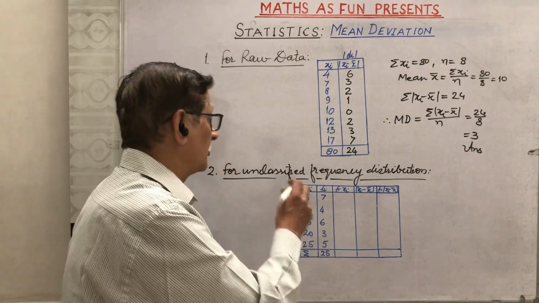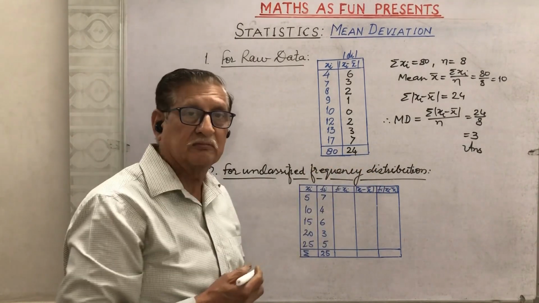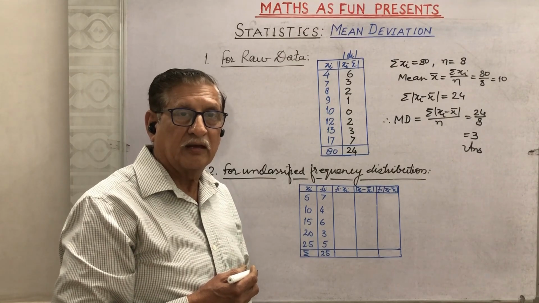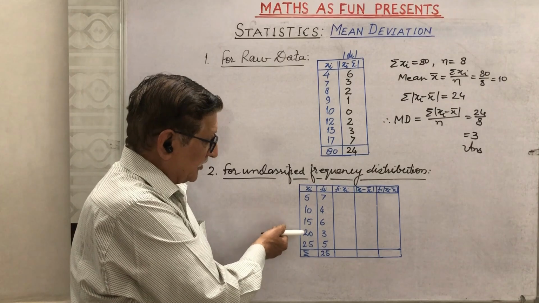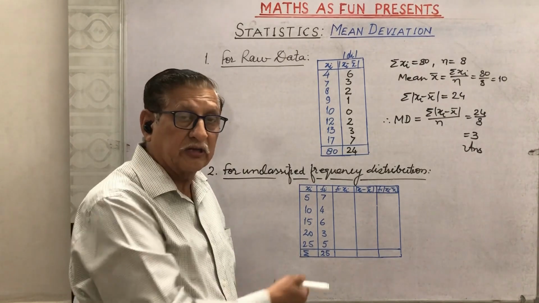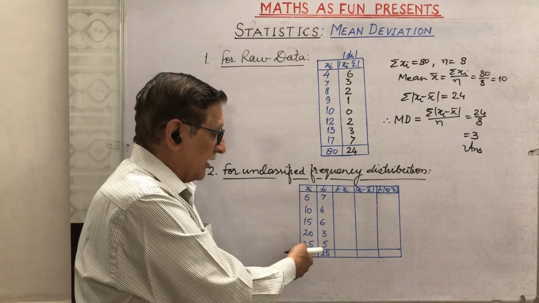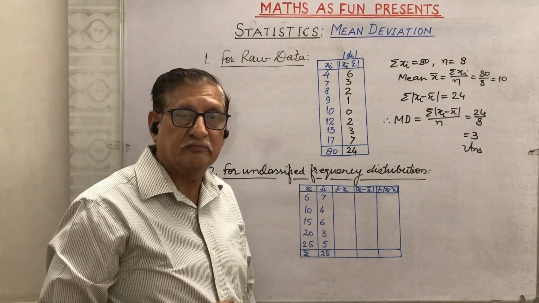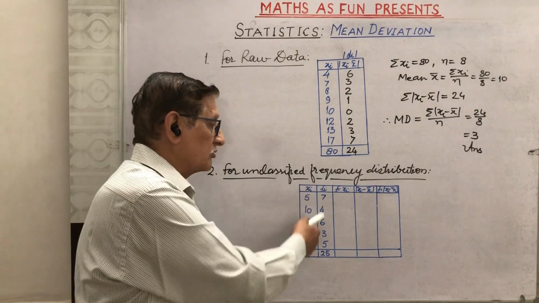Now we discuss one problem on an unclassified frequency distribution. Here the problem is that the xi's are 5, 10, 15, 20 and 25, and their corresponding frequencies are given as 7, 4, 6, 3 and 5, and the sum of them is 25. To find the mean deviation from the mean, first we have to find the mean.